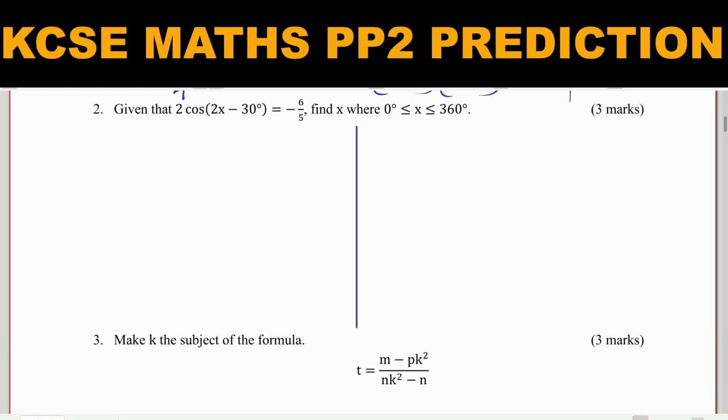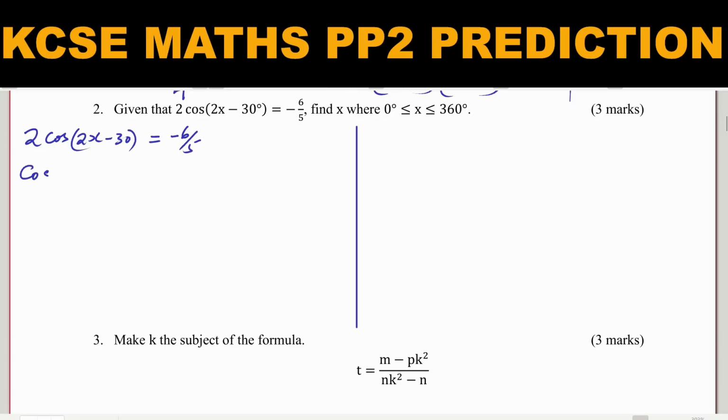So I'll start by writing the equation first. We have 2 cosine of 2x subtract 30 is equal to -6/5. I'll start by eliminating 2, dividing both sides of this equation by 2.